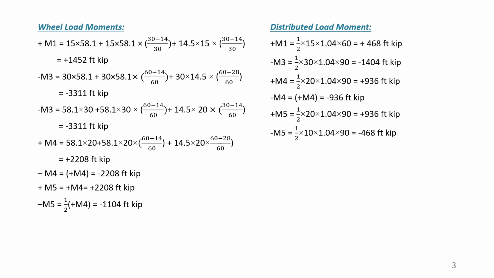I'm sorry. The left hand triangle has a maximum ordinate of 20, and the right hand triangle has a value of 10, and these are the 4 influence lines.